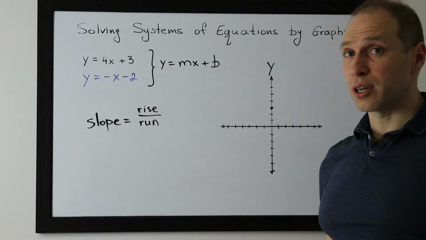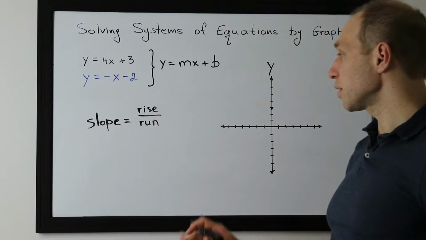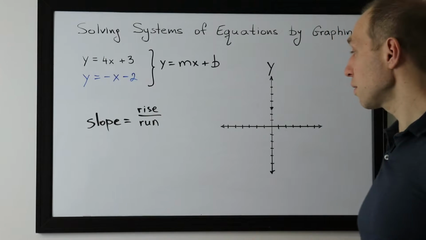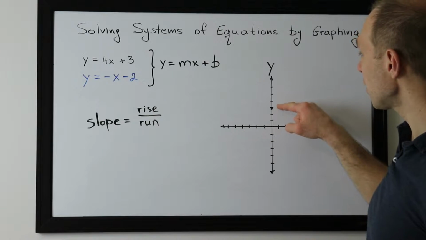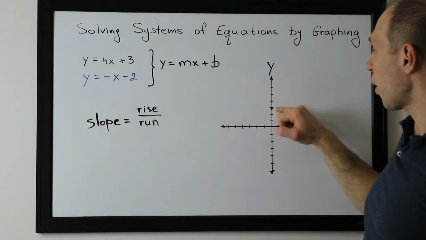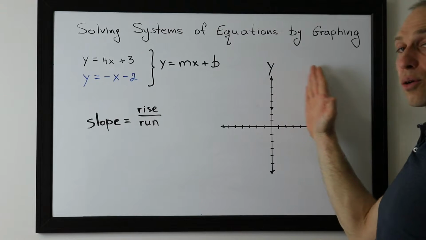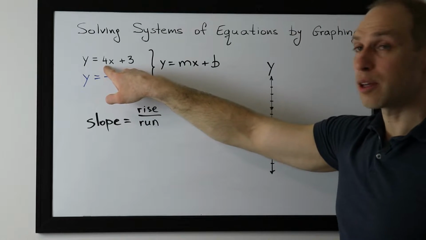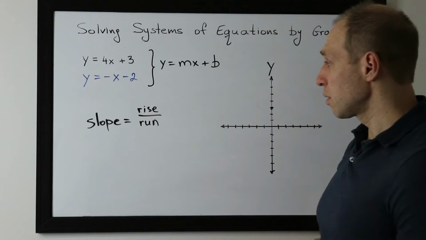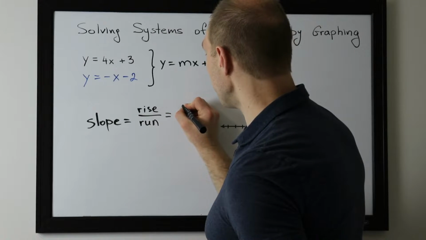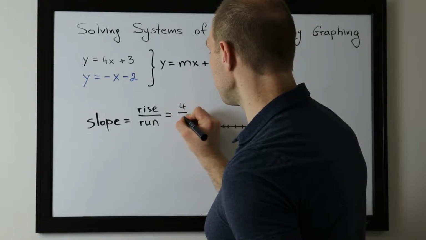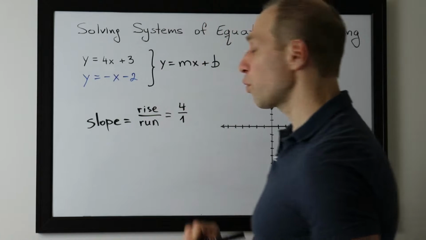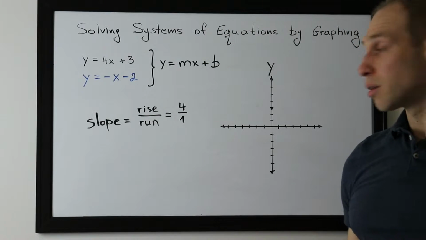Sometimes it's difficult to understand what it means to have a rise and a run. Well, the rise tells us how many increments we go up before we go across. Here we have the number 4. 4 is a whole number, so it can also be written as a fraction, 4 over 1. It's the exact same thing.